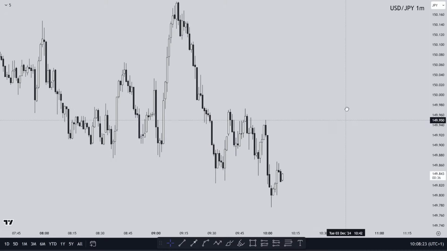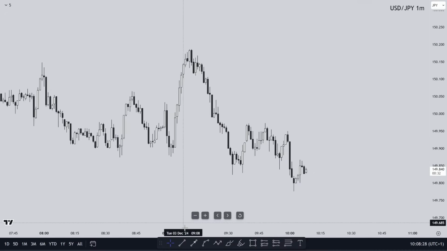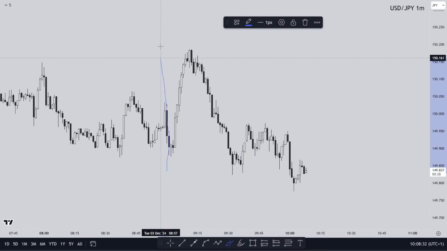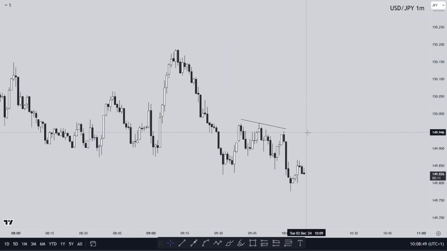And for what concerns UJ, so dollar yen, it's a little different because we had a huge movement to the upside, then to the downside. But right now I can expect bullishness because I think that right now liquidity stays above this high.